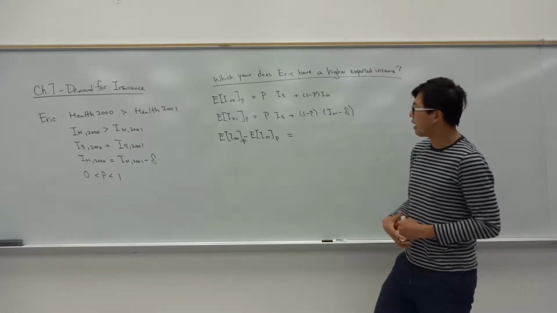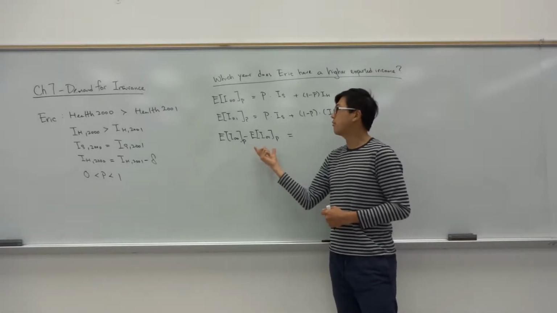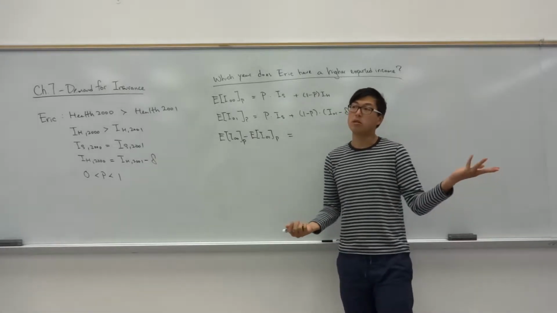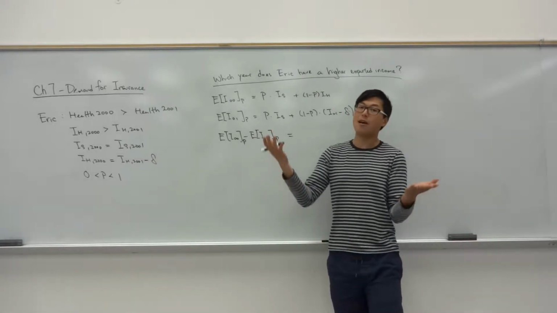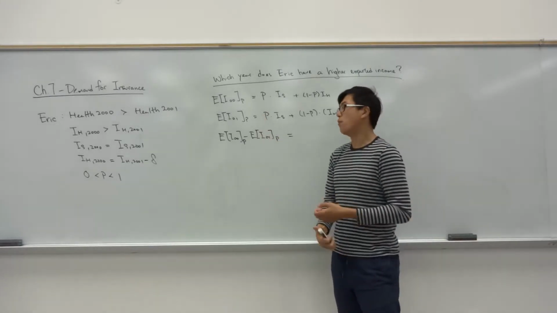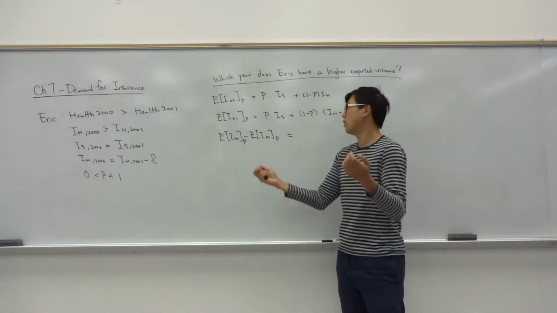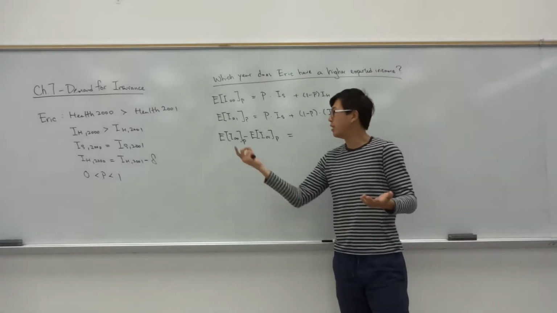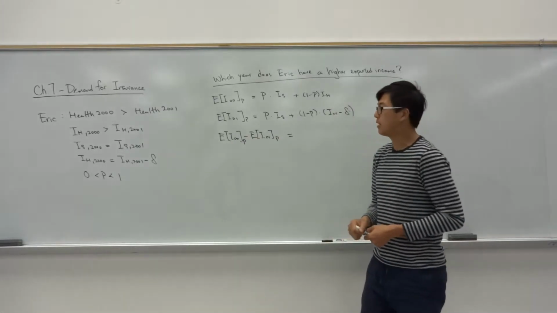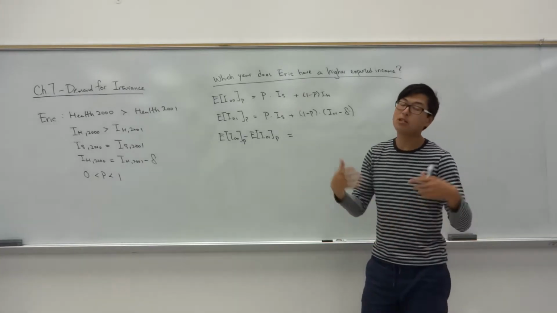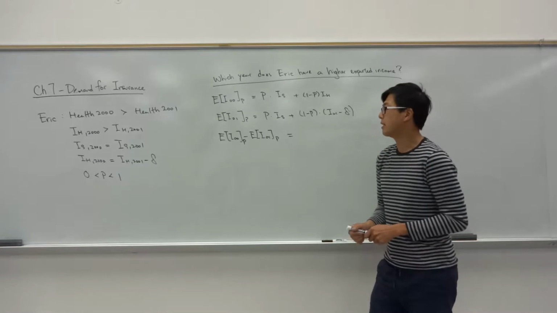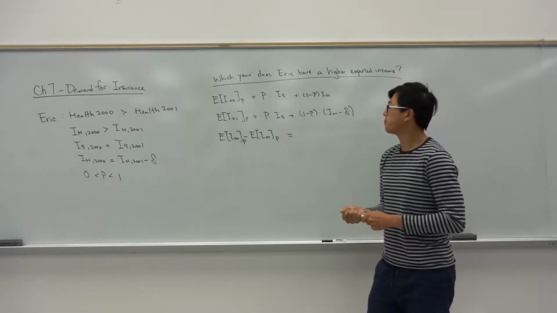In this case, I would like to calculate the difference between the 2 expected incomes to see if the number is 0, which means there is no difference, or maybe the number is negative. That means the year 2001 has a higher expected income than 2000. Or maybe it is positive, which means the expected income in 2000 is greater than the expected income in 2001.